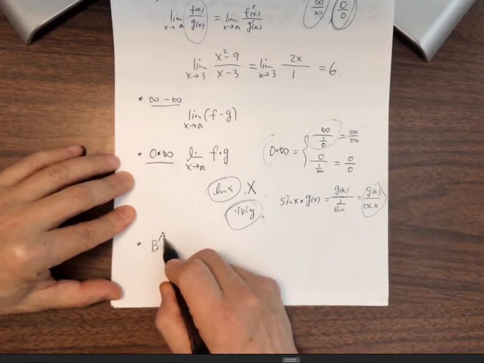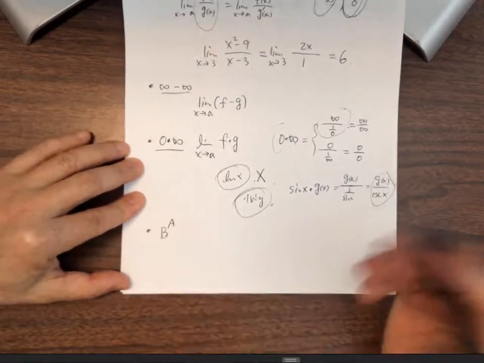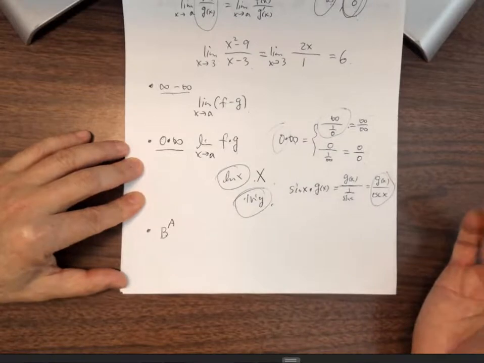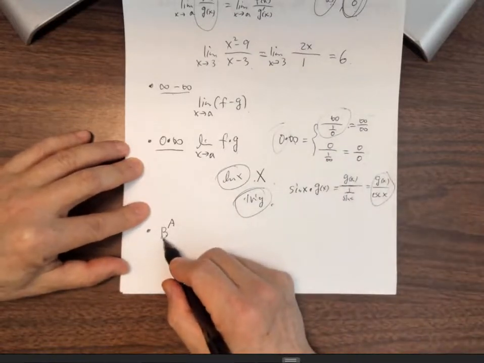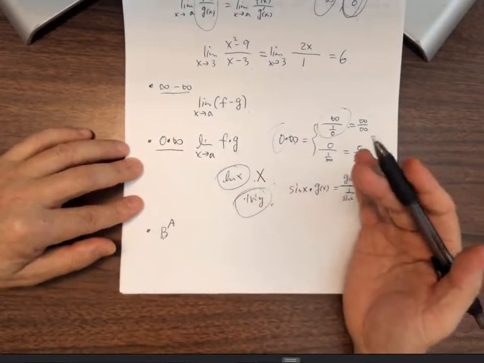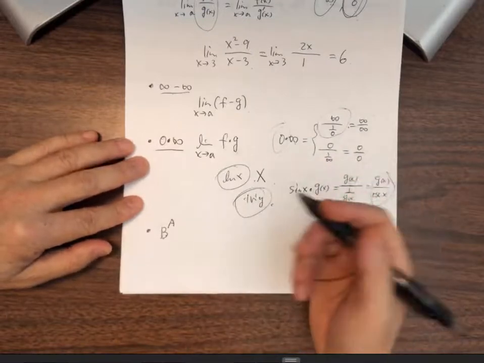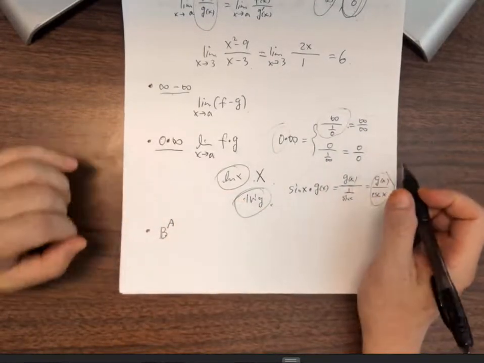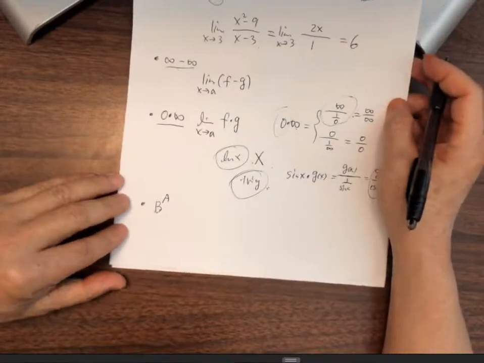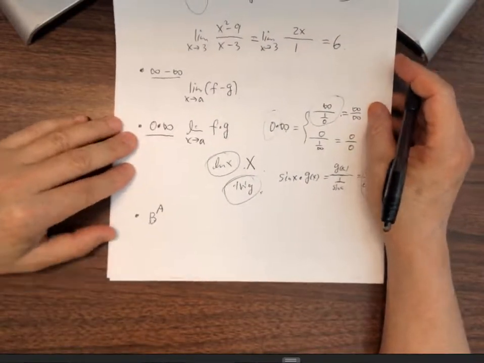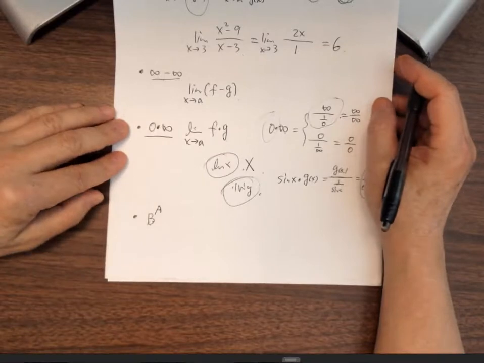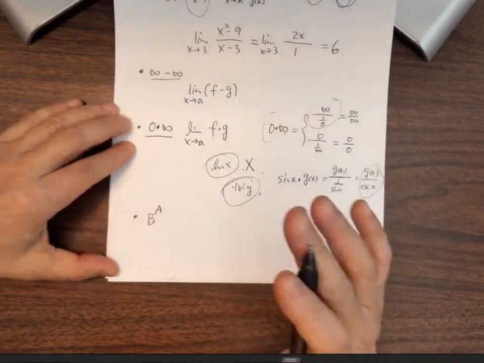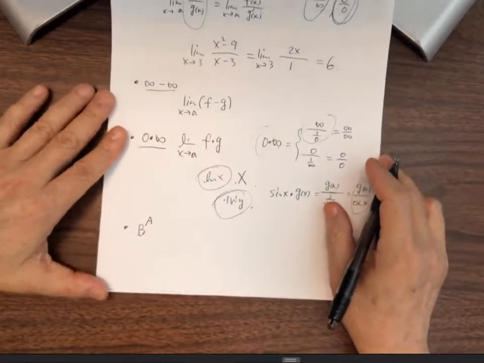For example, the exponent could approach 0, could approach infinity, the base could approach 0 or 1 or infinity, and now with the combination there are many. We don't need to specifically discuss each type. We can treat them just the same way.